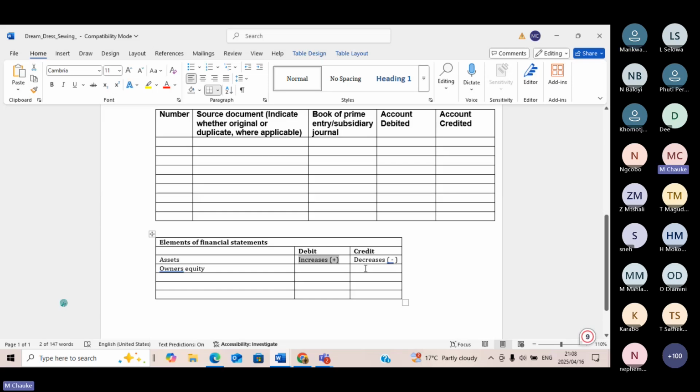So if you can master this, I'm telling you, if they bring this type of table where you have to deal with debit and credit, you won't have to struggle. Are you with me? And then we have liabilities.